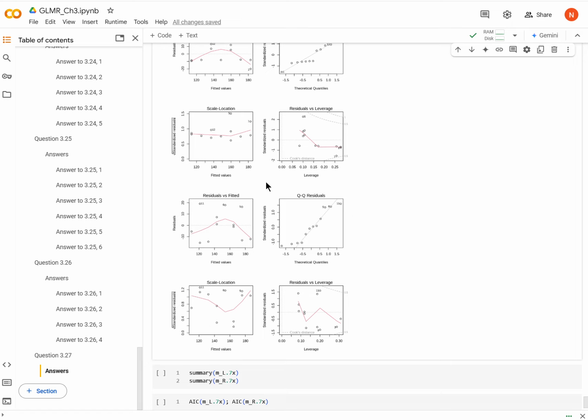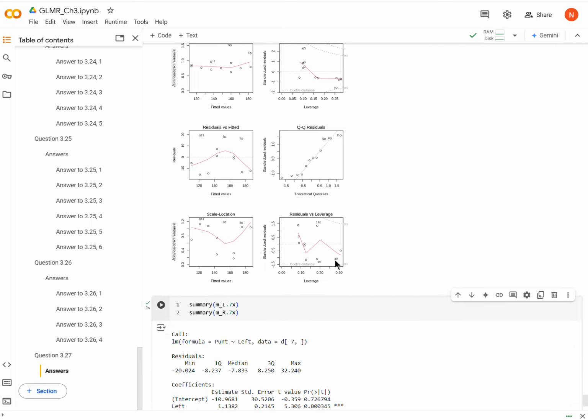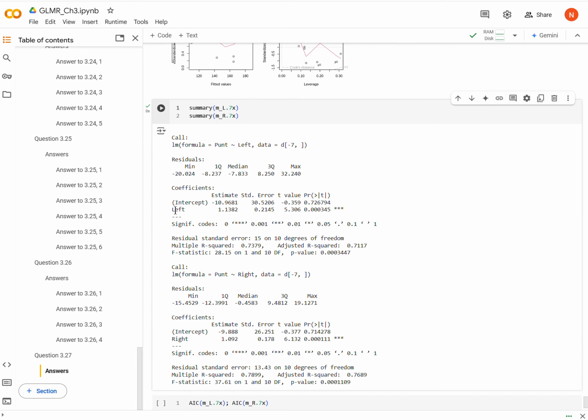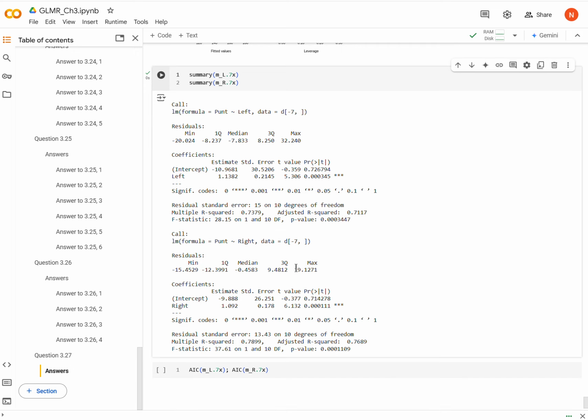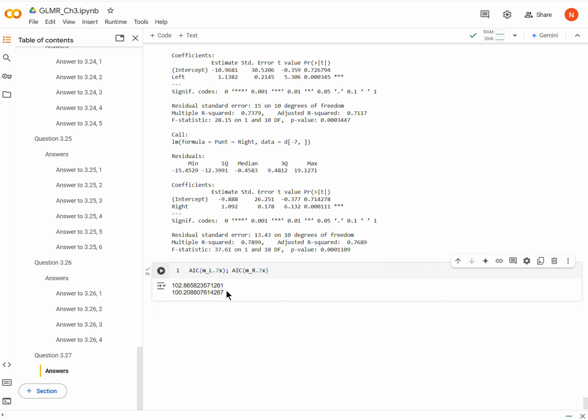A lot of the same problems are taking place here. Okay, we can look at the summary values, and again we get basically the same inferences in both cases. Okay, leg strength is important, so there's that. Okay, and then if we run the AIC, we again get that the right leg is doing better.